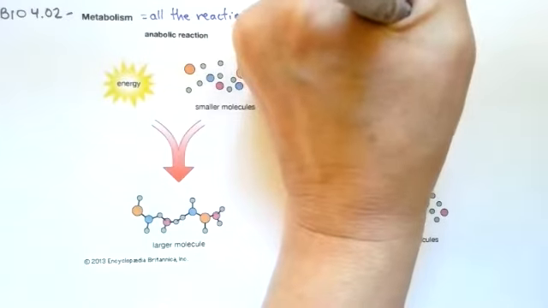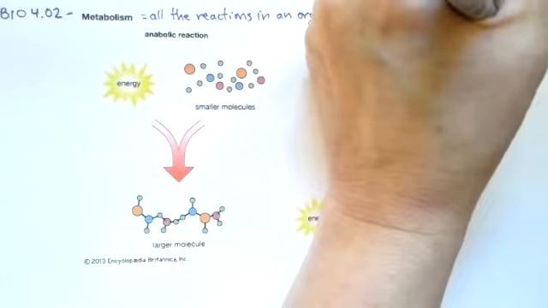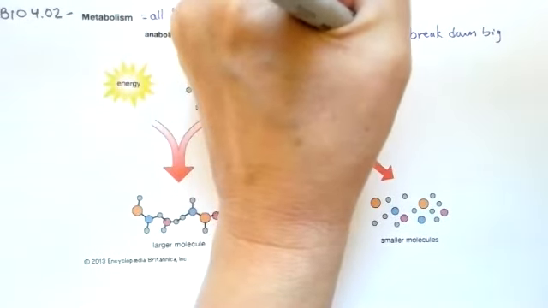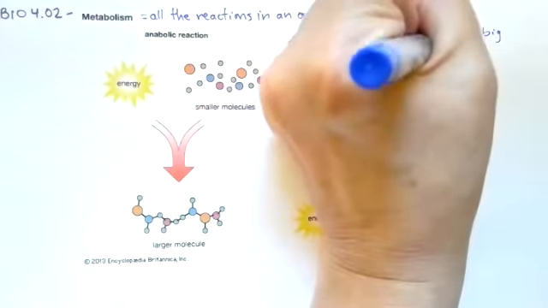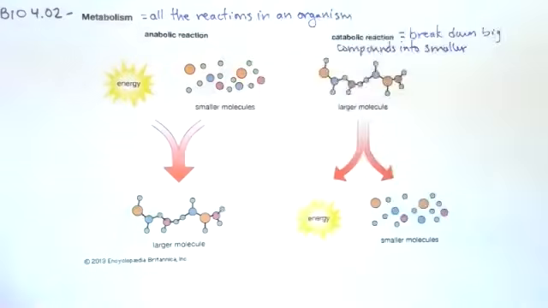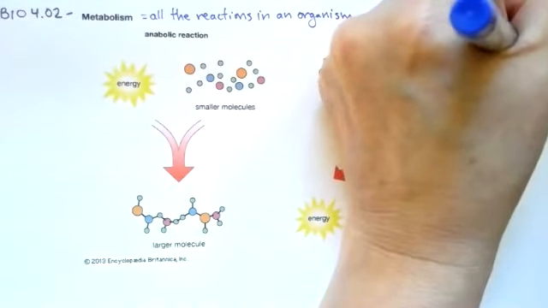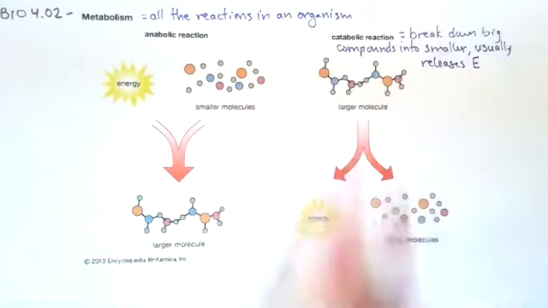So we're breaking down big compounds into smaller ones, and it usually releases energy. Remember, energy is capital E.